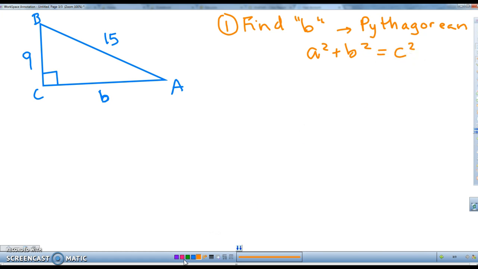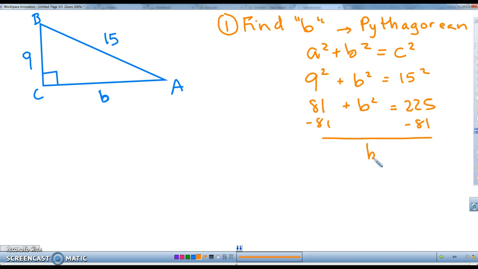Okay, so if I want to plug in those numbers, let's say a is 9, we don't know b, and c is 15. 9 squared is 81, plus b squared equals 225. I subtract the 81 off both sides, and I get that b squared is equal to 144. So then I can go ahead and take the square root of both sides. We know that the square root of 144 is 12. So this side b we know to be 12.